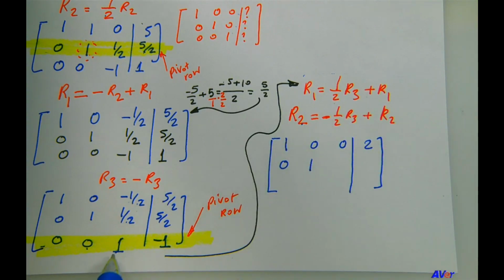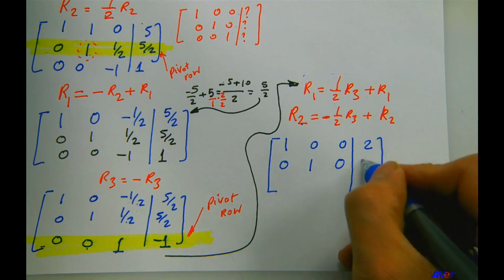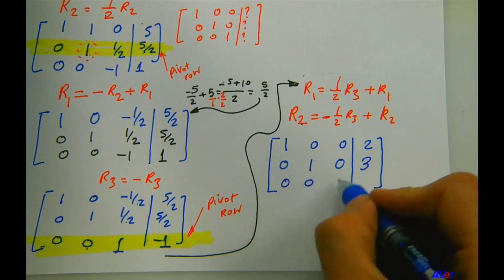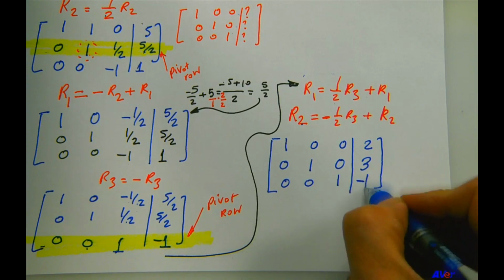Minus 1/2 times 1 is minus 1/2, plus positive 1/2, 0. Then minus 1/2 times minus 1 is positive 1 over 2, plus 5 over 2, that's 6 over 2. 6 over 2 is 3. Okay? And of course, then we can rewrite the pivot row as it was, 0, 0, 1, negative 1.